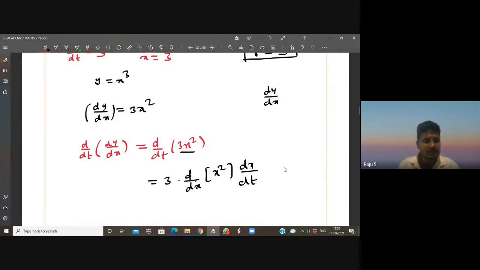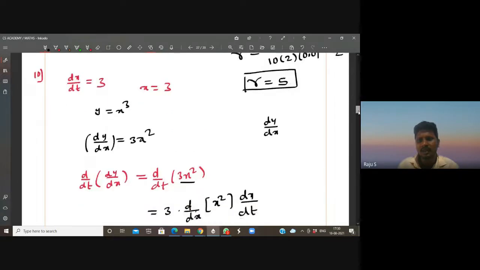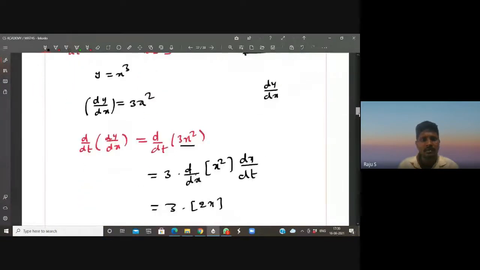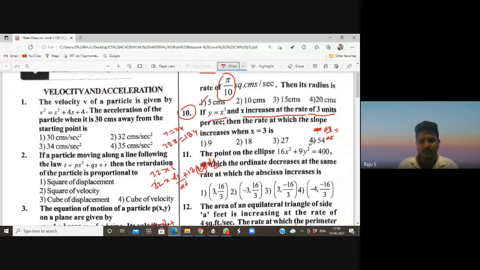Now this is equal to 3 into 2x, since the derivative of x square is 2x, and dx by dt. What is dx by dt? They have given 3. So 3 into 2 into 3 into 3. Simplify this, you'll get the answer 54, I think. Am I right? Yes, the fourth option is right.